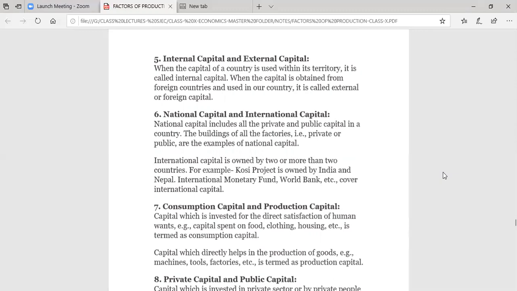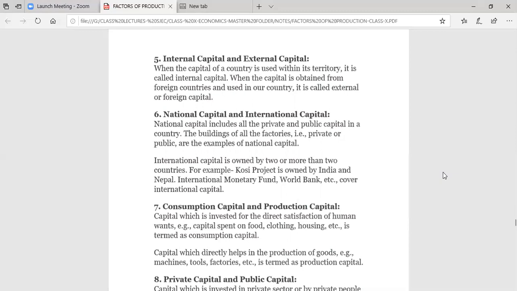From a foreign country, funds came and invested in your production. That is your foreign capital, external capital. Internal capital means when the capital of the country is used within the country.